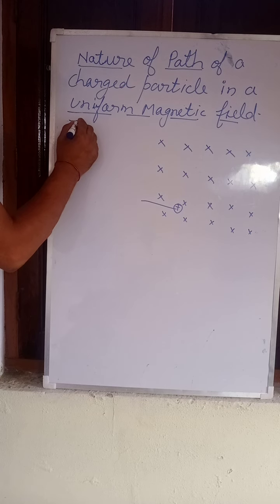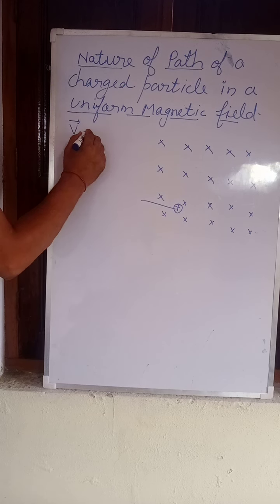It means the angle between V and B is 90 degrees. Then the force applied by the magnetic field on this charged particle will be Fm, as you know the formula, Q V cross B. If you want to find the magnitude of this force, that will be Q V B sine theta.